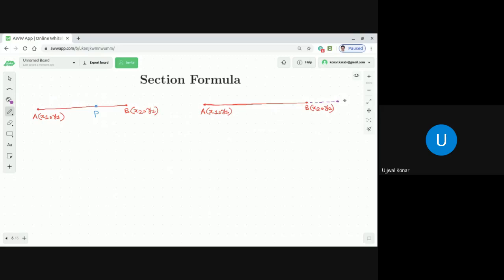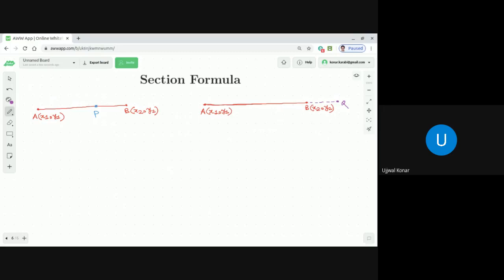So you get this point. Suppose this is the point P here. Or we can name it as Q. Let's name it as Q. So now, this point P is actually internally dividing the line segment AB, whereas the point Q is externally dividing the line segment AB.